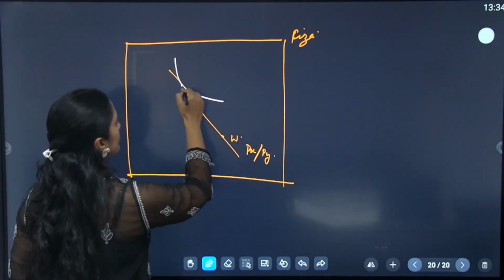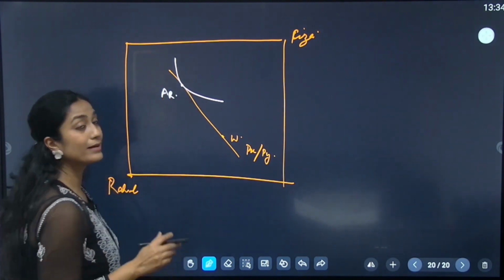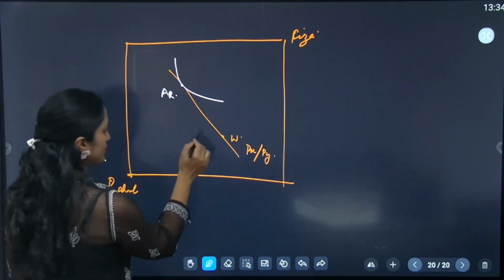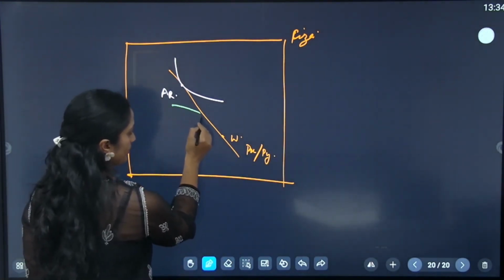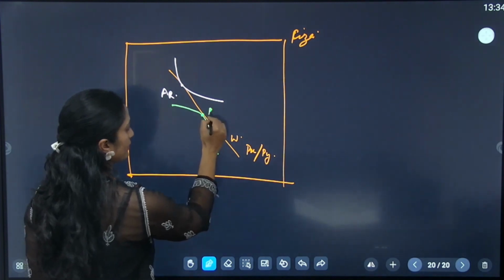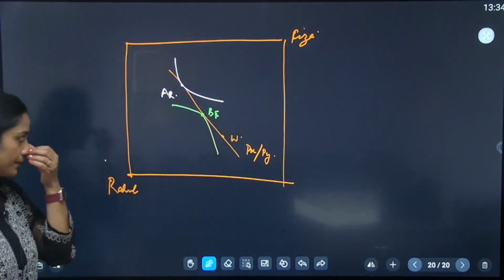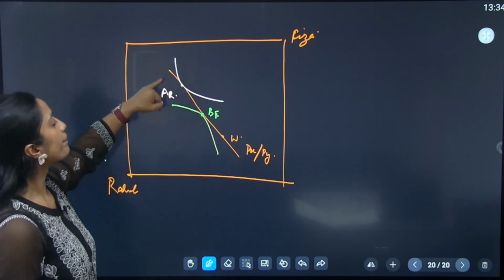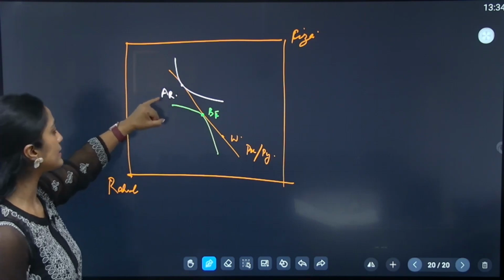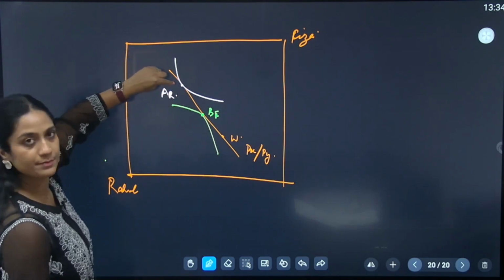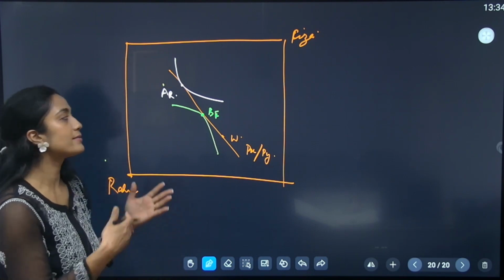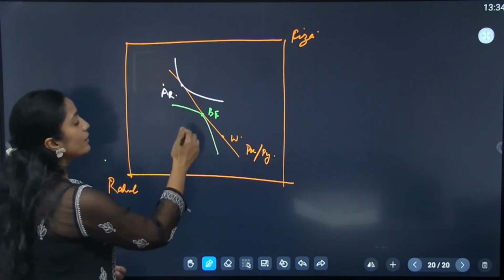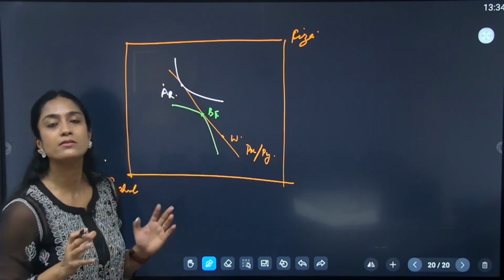Suppose this is the point, Rahul's final desired allocation, and the slope of Fisa's desired allocation has to be the same, something like this. So at this price level, suppose the slope of Rahul's IC coincides with the price line at this point, where Rahul says, okay, this is my optimal bundle that I desire at these prices. And similarly, Fisa says this is my desired bundle.